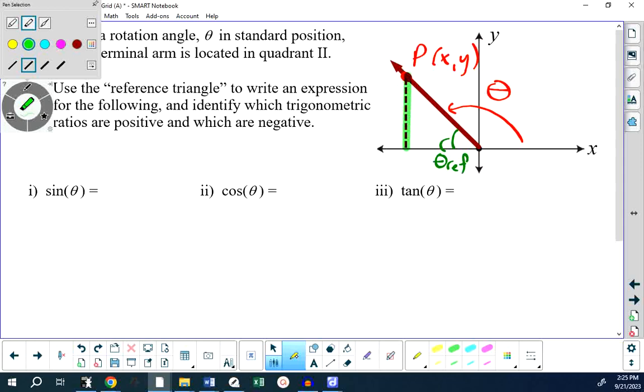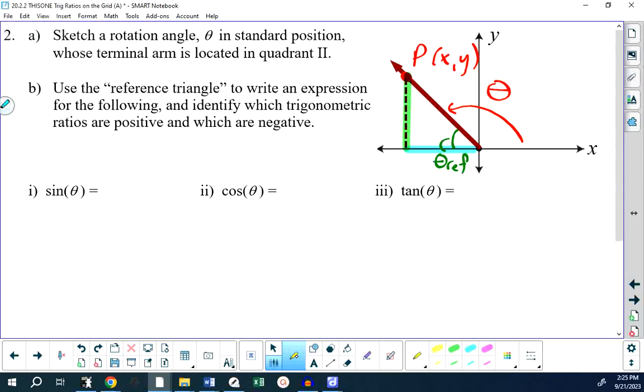And this distance is still x. Except that x is a negative distance, right? If that distance that I've highlighted in blue is 5, that means the x-coordinate is actually -5.